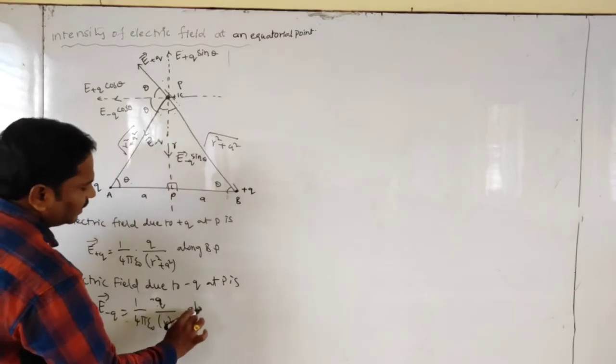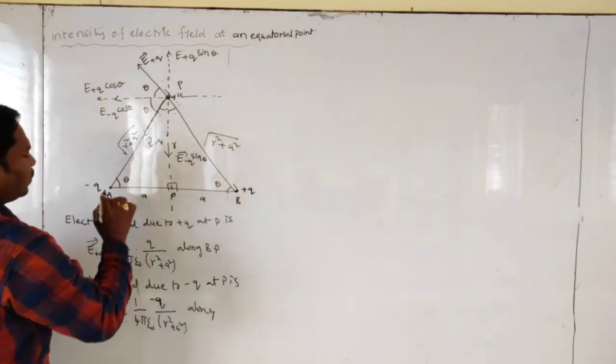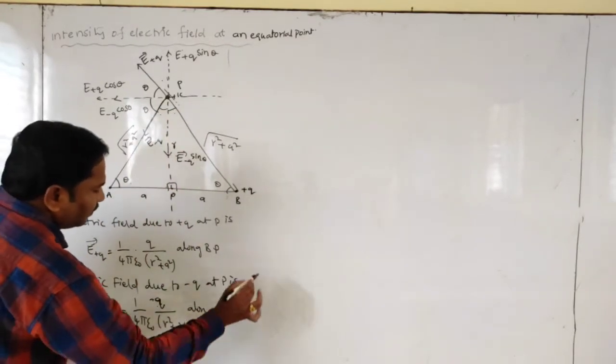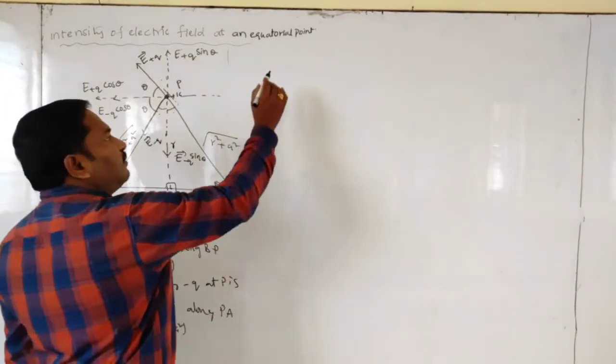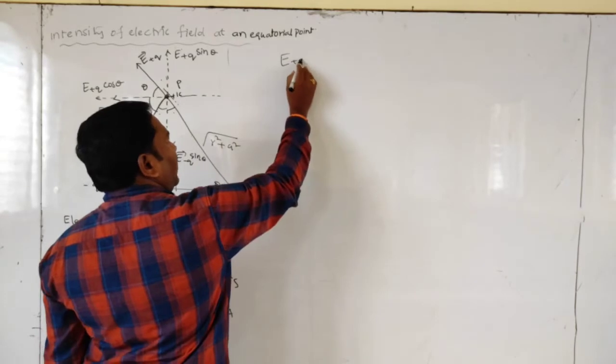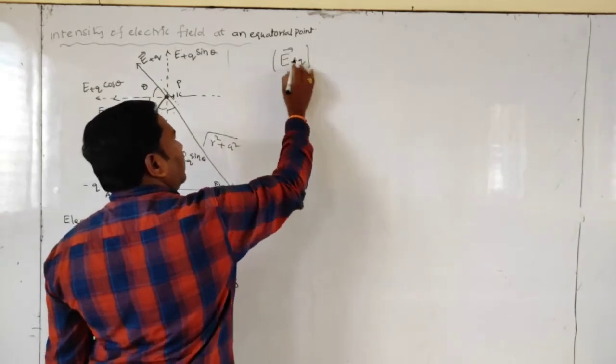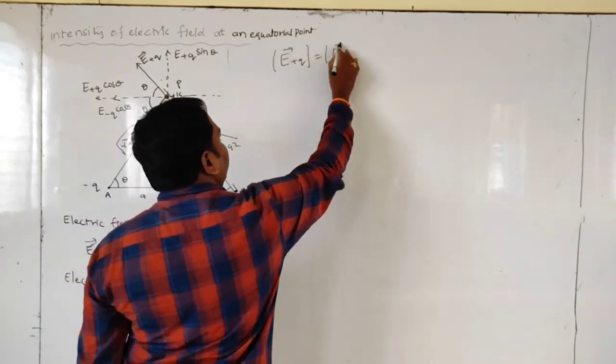It is acting along the P to A direction. So both are equal in magnitude. E plus q and E minus q are equal in magnitude.